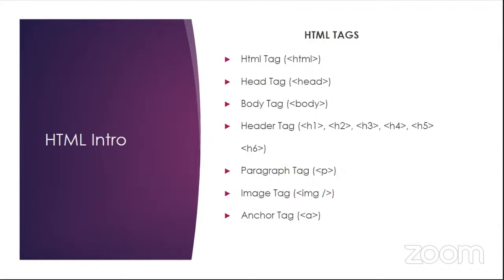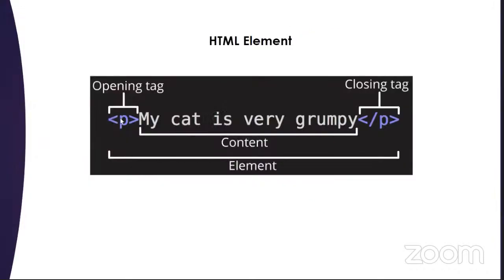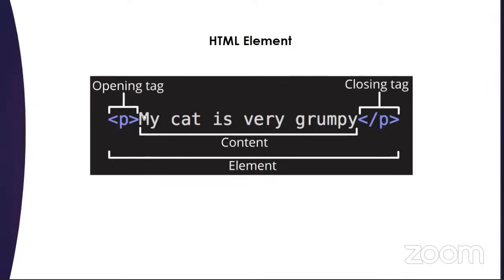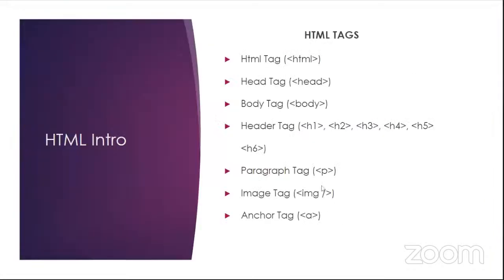So it closes itself. Unlike this P tag, the image tag does not usually have any content in it like this. It just has attributes, and then it closes itself, right?